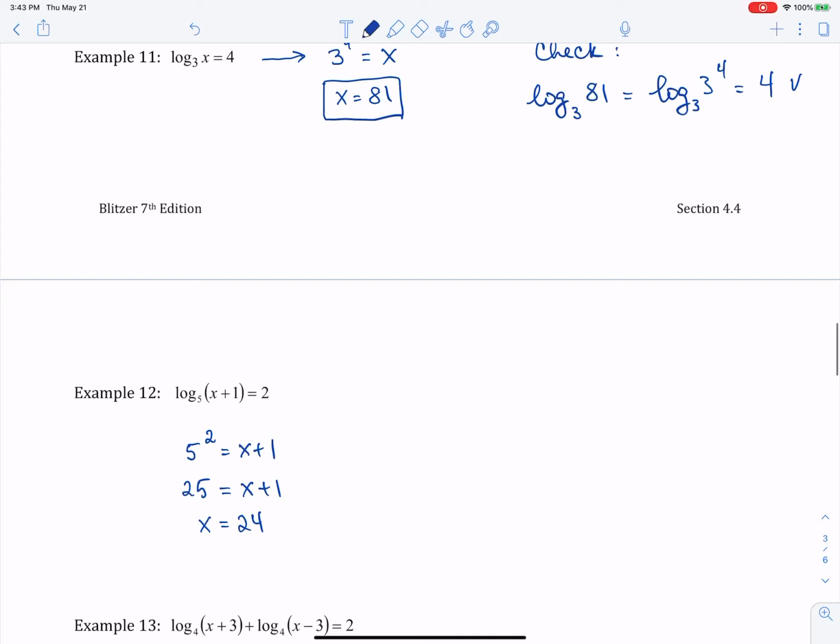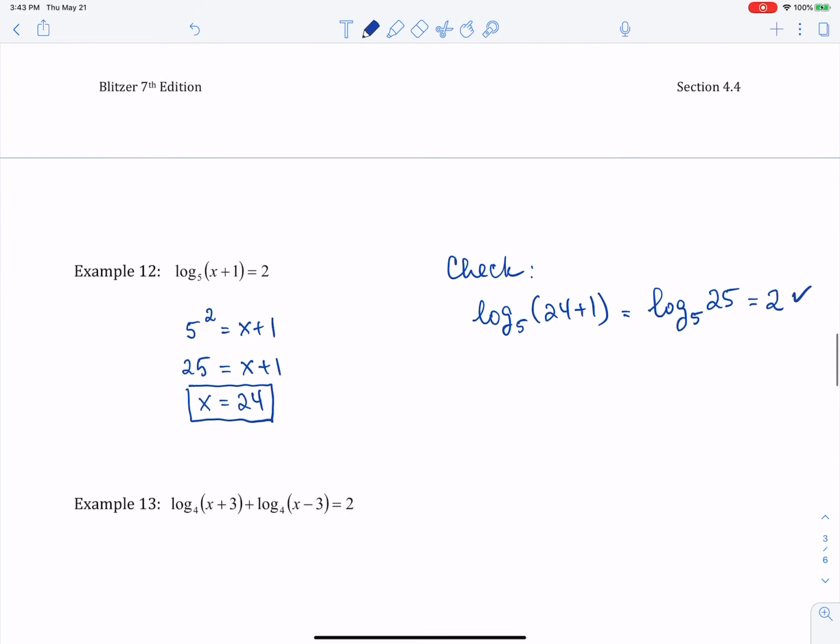And here, before I circle my answer, I make sure that I check. Is logarithm base 5 of 24 plus 1 equal to 2? Well, that's logarithm base 5 of 25, and indeed 5 squared is 25, so the answer is equal to 2. So I'm going to circle my answer.